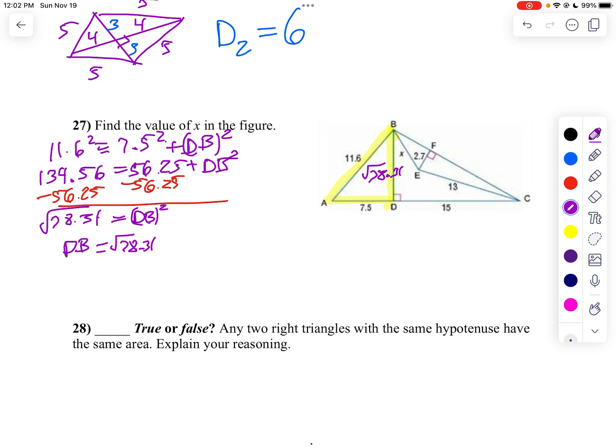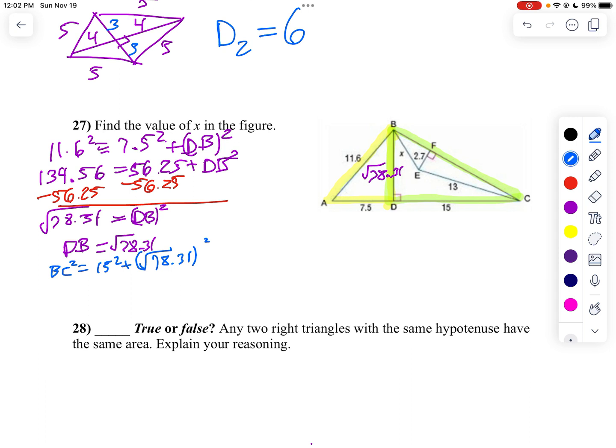Then I will look at my other right triangle that has BD as a side, and I will solve for BC. Well, BC is my hypotenuse, so I'm going to say BC squared equals 15 squared plus the square root of 78.31 squared.